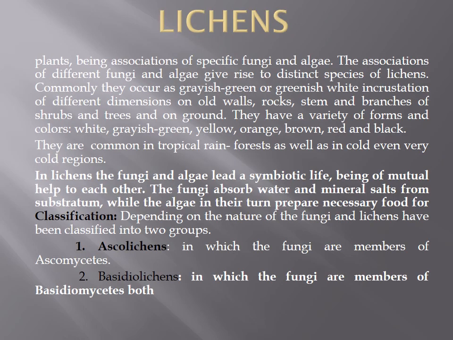Lichens, the last and fourth group of Thallophyta. Plants being an association of specific fungi, and the cooperation between the fungi and algae is found here. It is the association of different fungi and algae which gives rise to distinct species of lichens.